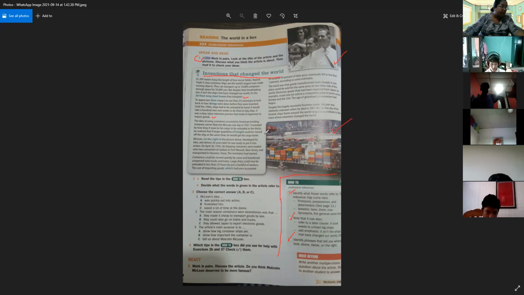Now, Isaac, can you read the next paragraph until his cargo faster?